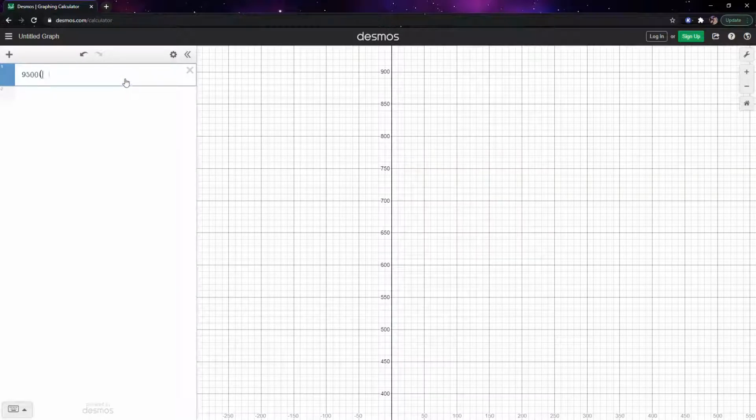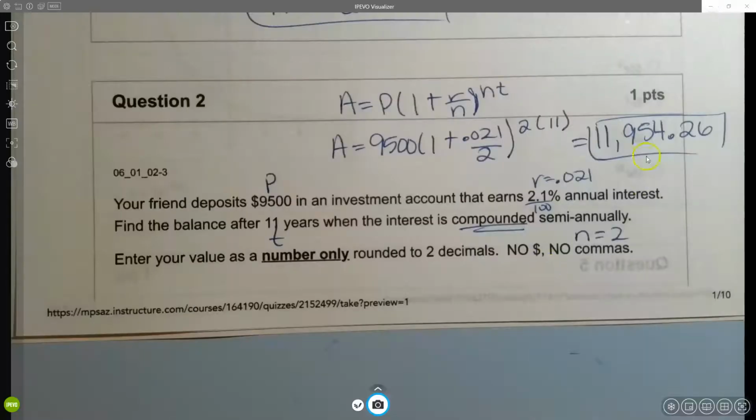So I have the 9,500, parentheses 1 plus 0.021 divided by 2 to the 2 times 11, which gives me 11,954 and 26 cents. I round because that third decimal place is more than 5. So here is my final answer for this. When I type it into Desmos, I'll type it without the comma and without the dollar sign.